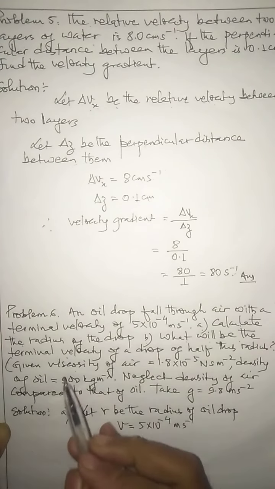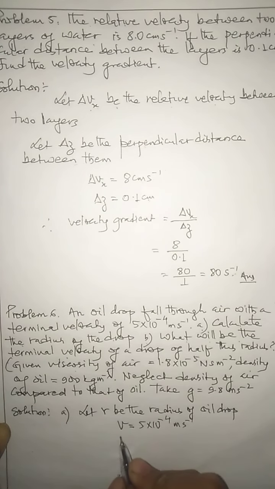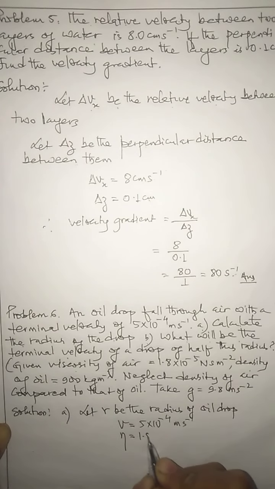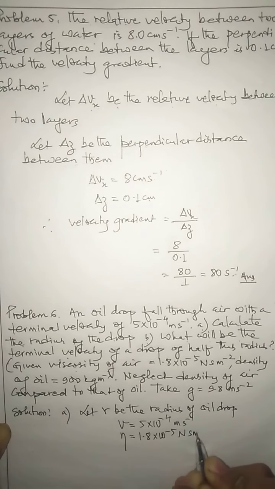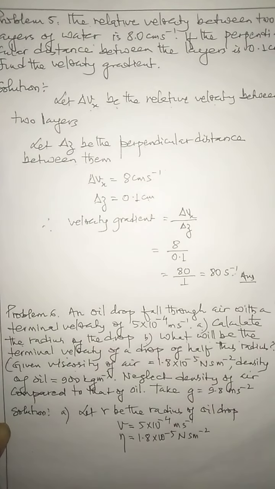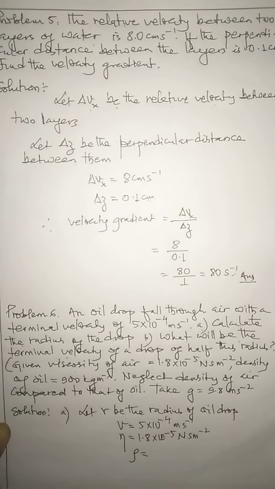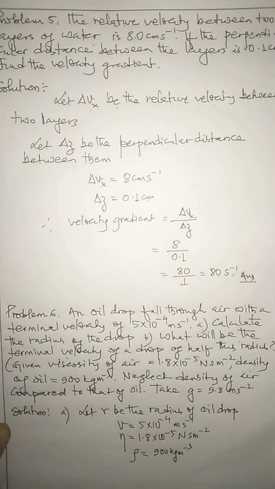Okay. So in the first part of the question, viscosity of air is given. The viscosity, as you know, is symbolized by eta, and that is 1.8 into 10 power minus 5. The unit is Newton second per meter square. Then the density of oil is given. The density of oil is basically marked by letter rho, and that density of oil is 900 kg per meter cube.